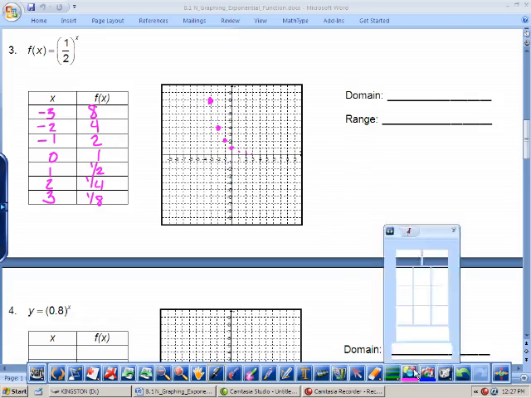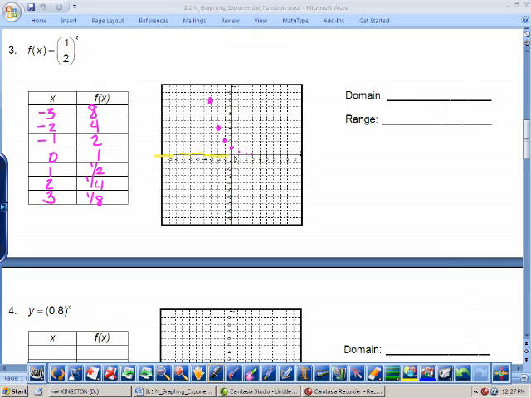Okay, do we still have an asymptote? Where? This time, is our graph increasing or decreasing? Decreasing.